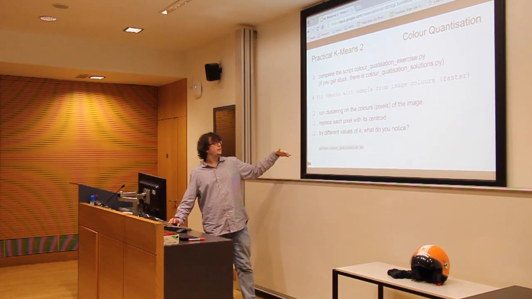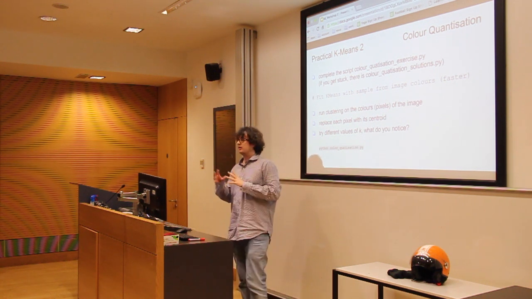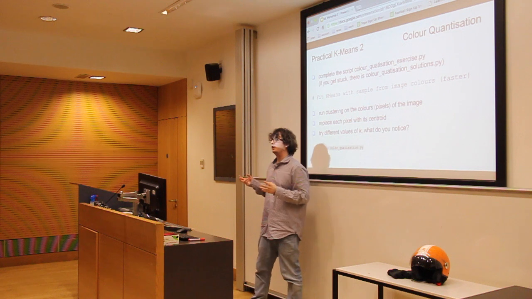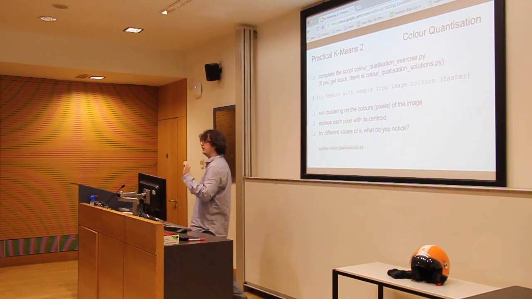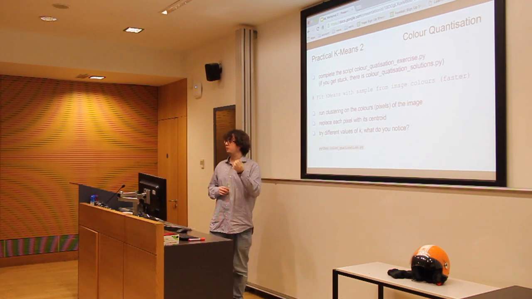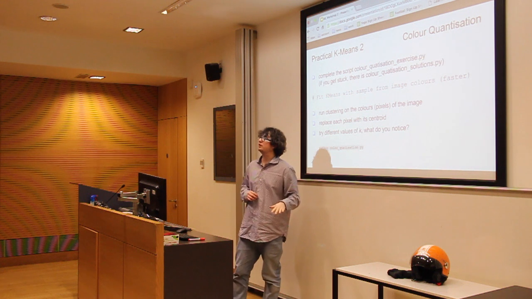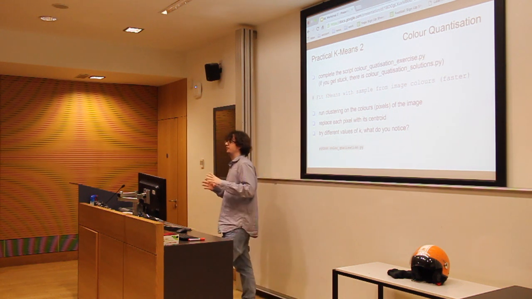So what it does is basically it takes an image. It builds the data set you are analyzing by taking each pixel. Each pixel in an image is identified by 3 numbers, so it's the red, green, and blue channel, and it takes all the pixels of the image and applies k-means on this data set.